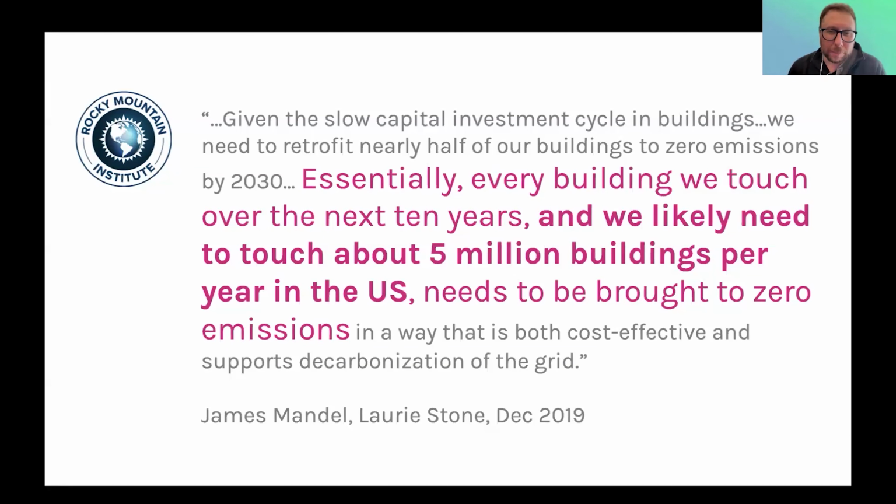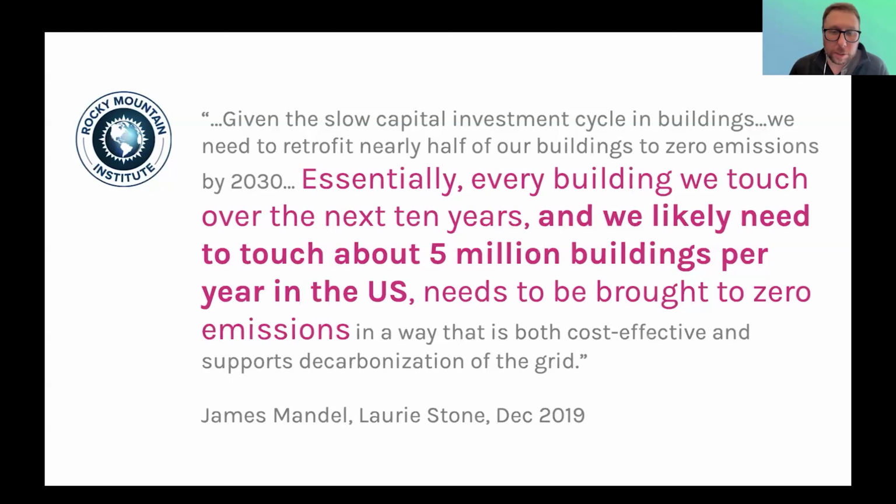But again, maybe to start with where we are thinking. This is a great quote from a paper, I guess it's old now, back in 2019, from the Rocky Mountain Institute that was talking at the time about the imperative to retrofit and upgrade our building stock in the United States if we're serious about achieving our climate goals, our carbon emission goals.